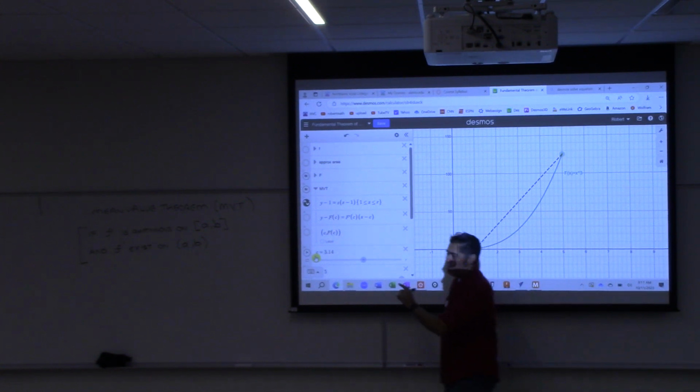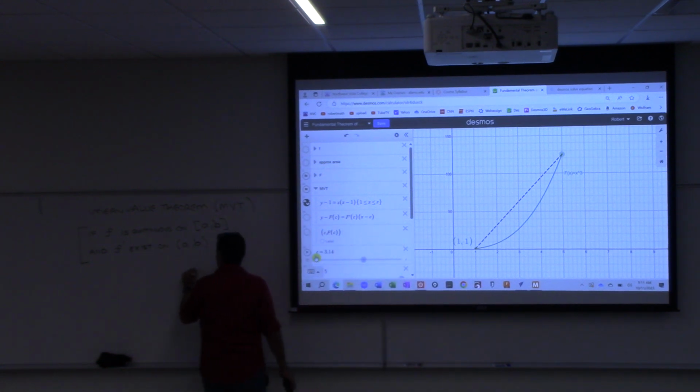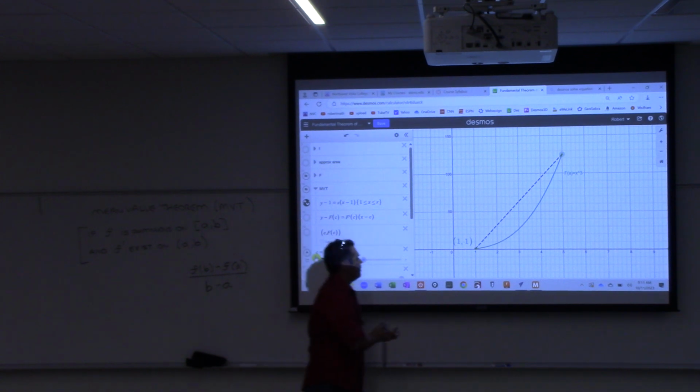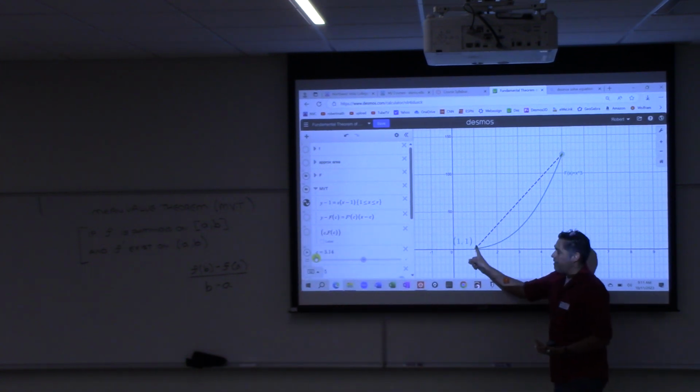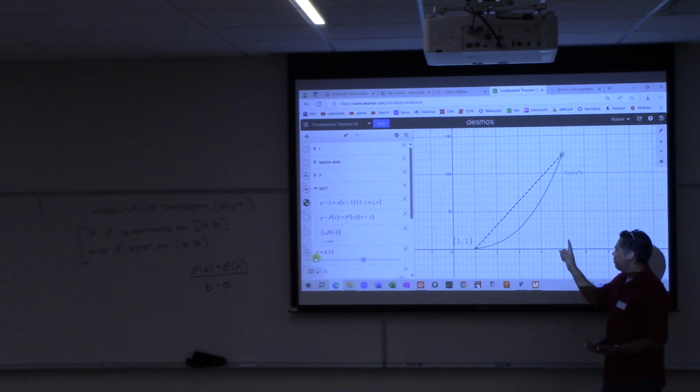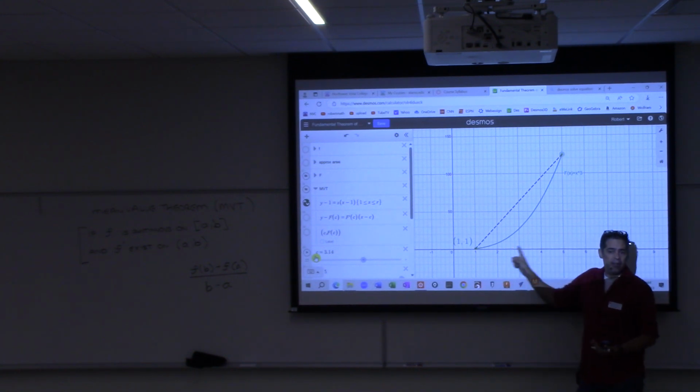So I'm going to write that down over here. The rise, let me write it down first. Over run, oops, wrong way. So remember, I'm calling this left endpoint A, and the right endpoint, I'm calling it B. Do you all agree that the distance from here to here would be B minus A then?